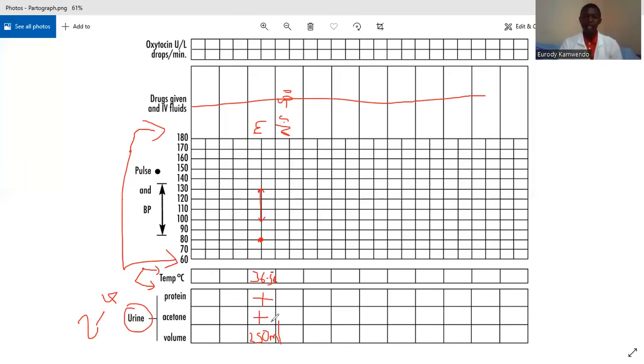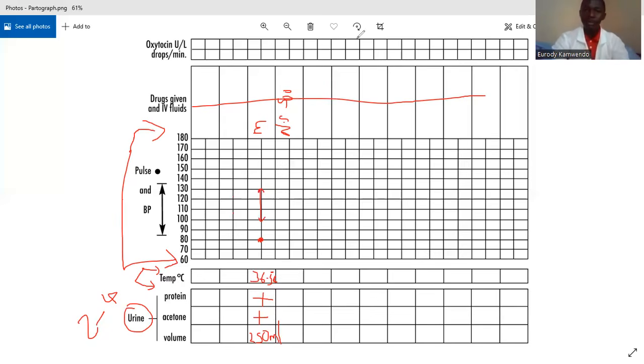So you need to give them some energy-giving foods, because when the cervix reaches 10 centimeters, they will have difficulty pushing. Apart from that, it may indicate that this is a diabetic woman who may go into ketoacidosis because of the acetone presence. So in terms of urine, these are the things that you need to check, 2 hourly or 4 hourly.